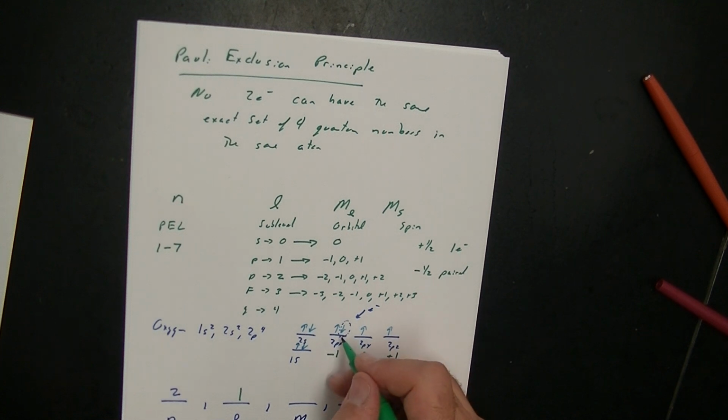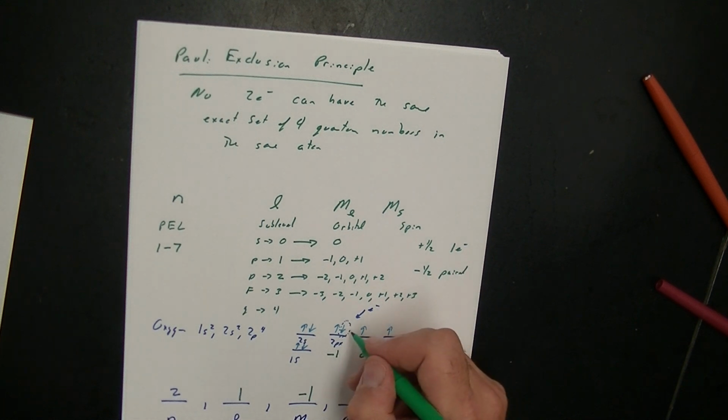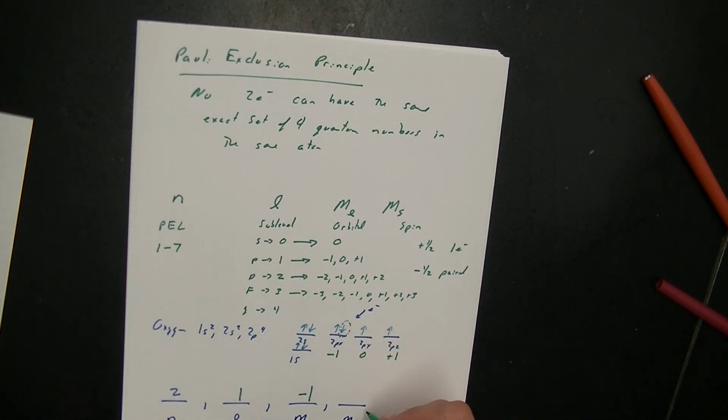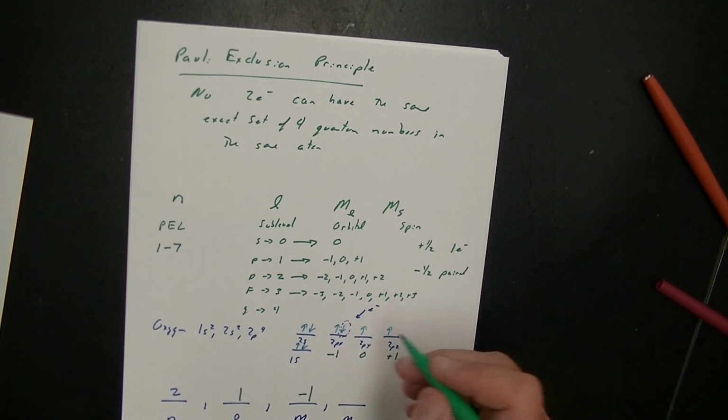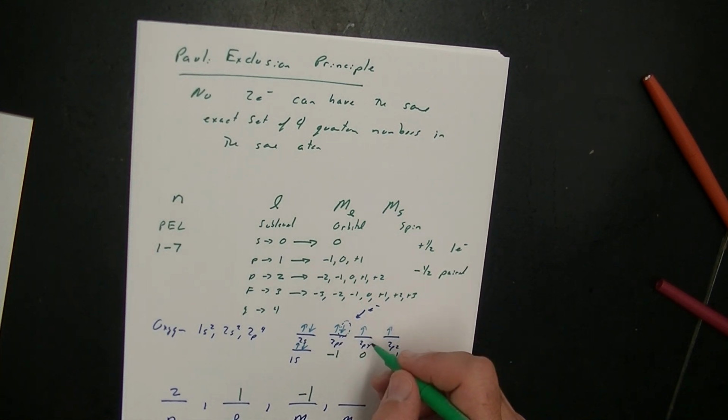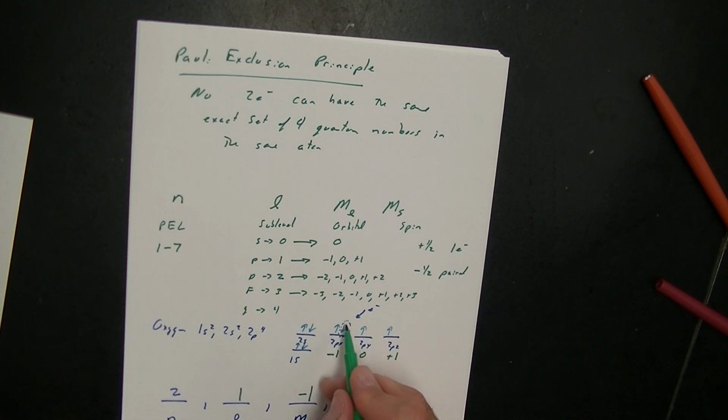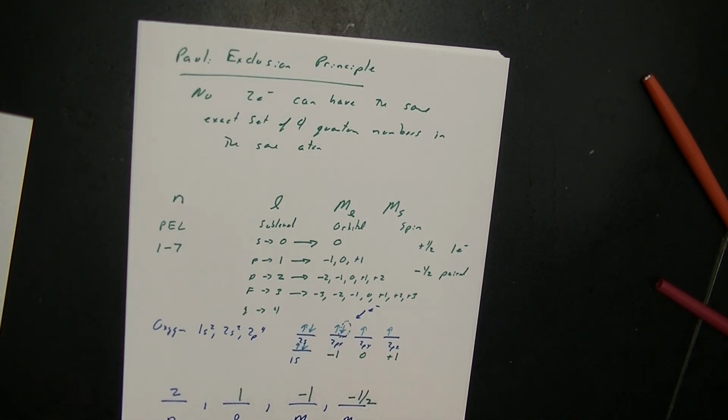Remember, if it's a p, ML is -1, 0, or +1. Our ML tells us which one of these p orbitals this electron is in, which is our -1 number. And then our MS is telling us our spin. 2 choices, +1/2 or -1/2, and it depends on whether it's paired or not. This is paired, so it would be -1/2.